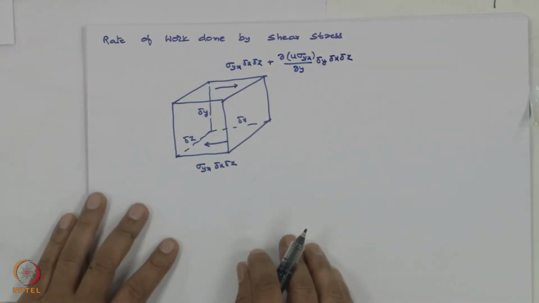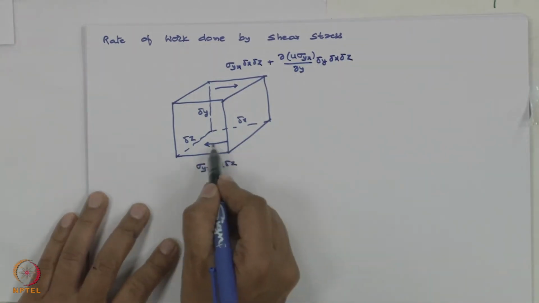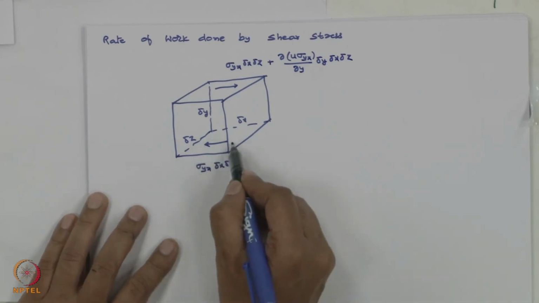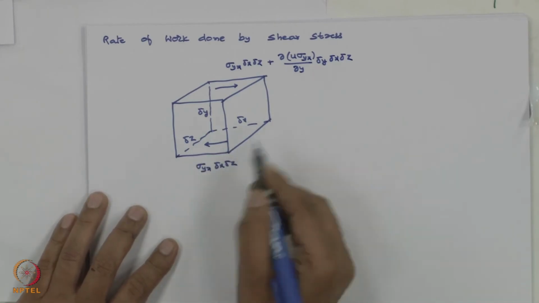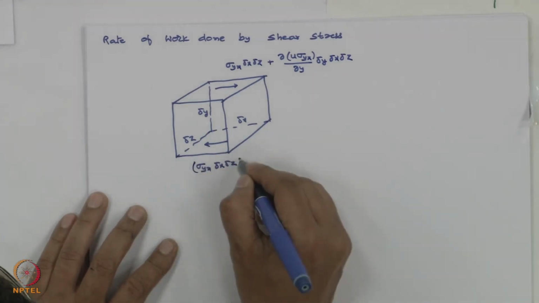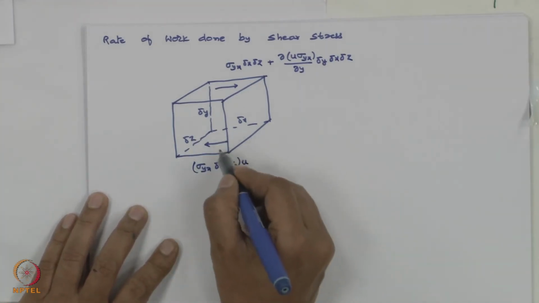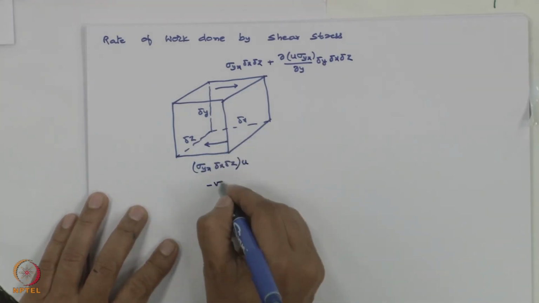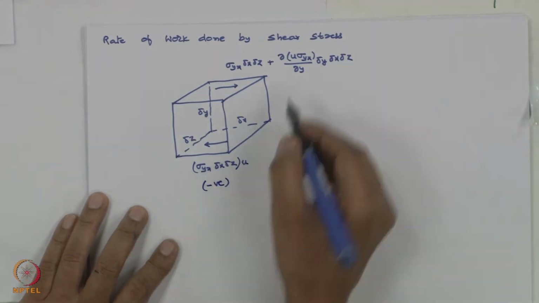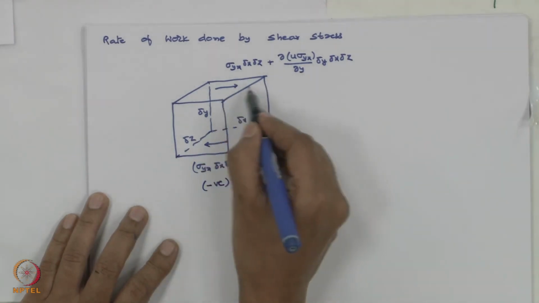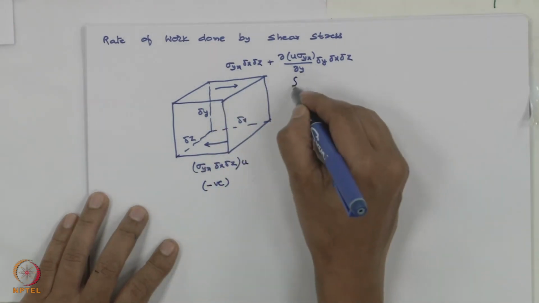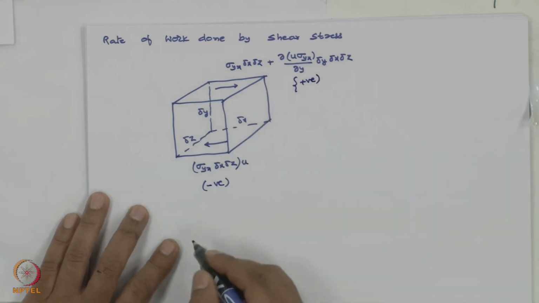You see here sigma yx is in this direction, but the velocity u is in this direction. So here I missed out, sorry, this into u, velocity is in this direction. So theta is 180, so this is going to be negative. Here sigma yx and u are in the same direction, so this term would be positive.